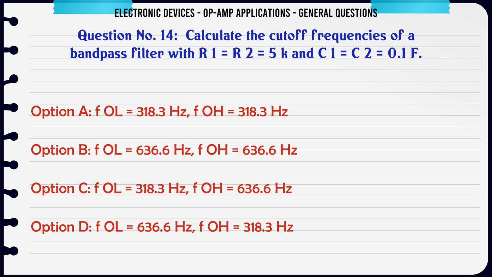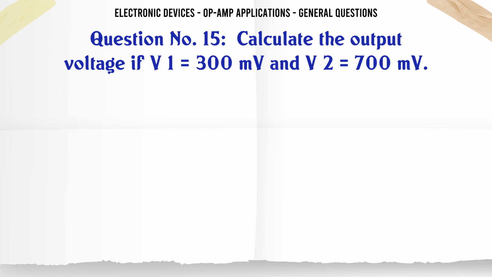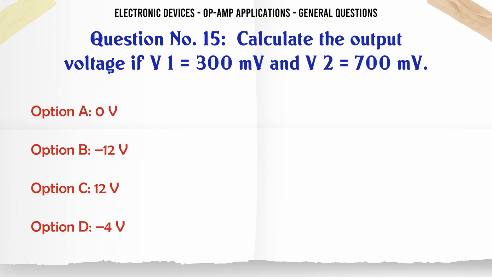D: FOL = 636.6 Hz, FOH = 318.3 Hz. The correct answer is FOL = 318.3 Hz, FOH = 318.3 Hz.